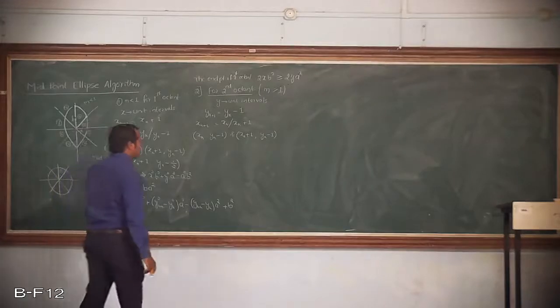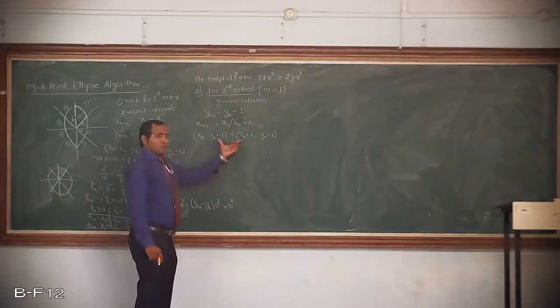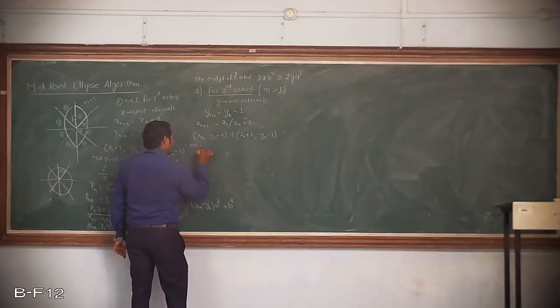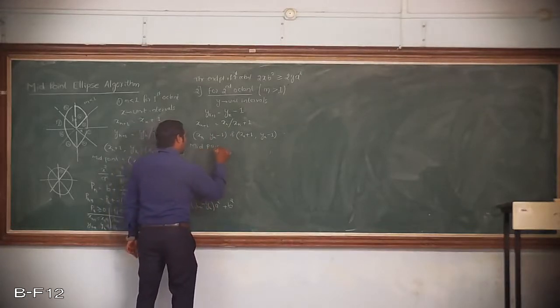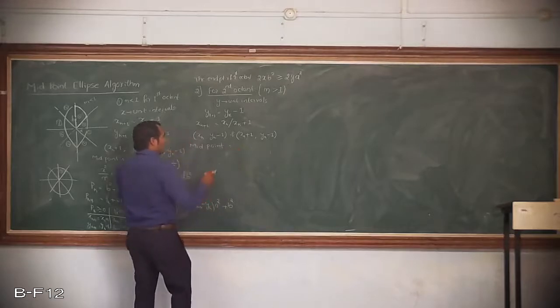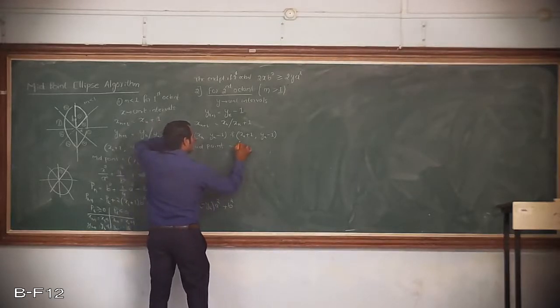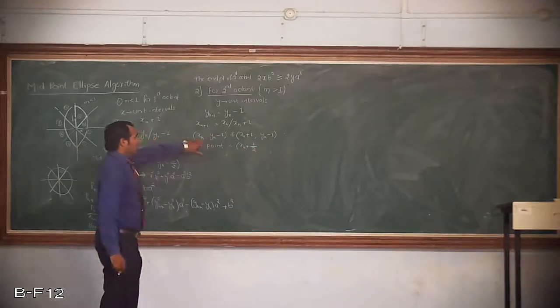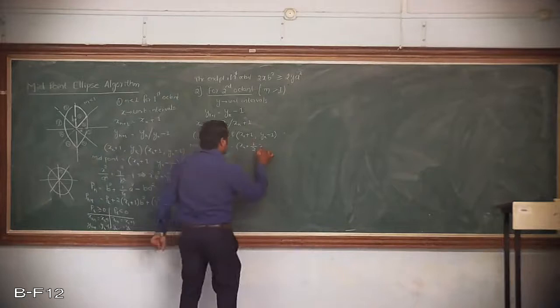Now I have to take the midpoint of these two. Midpoint means average. The midpoint will be the average of these two: xk plus 1, and similarly here yk minus 1.